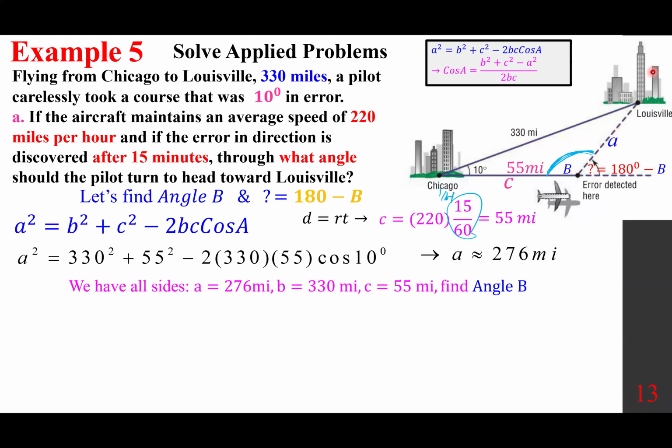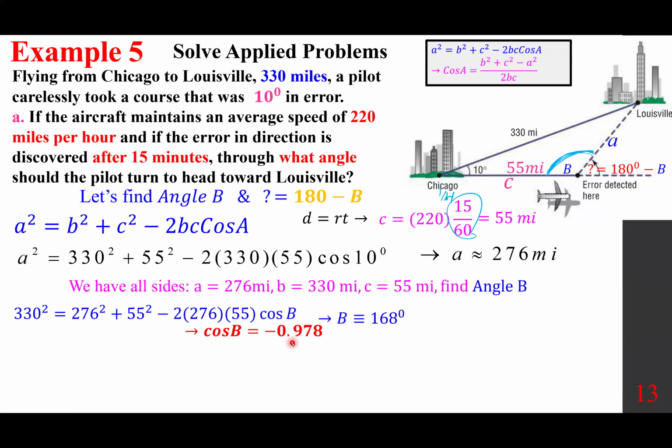So 276 squared plus 55 squared minus 2 times 276 times 55 cosine B. Put this into a calculator, cosine B gives you a number, negative 0.978, and B is the cosine inverse of this number. So the inverse function gives you B equals 168.